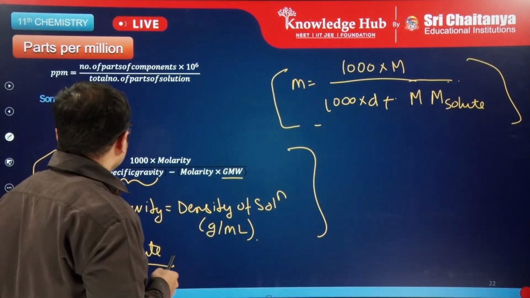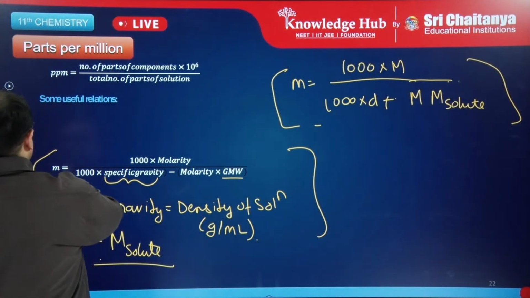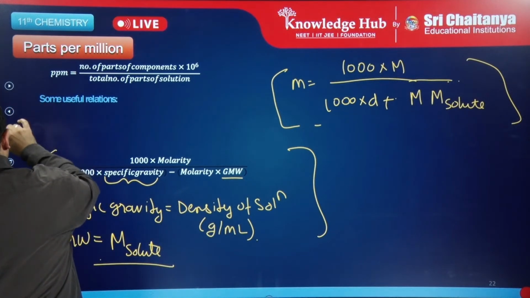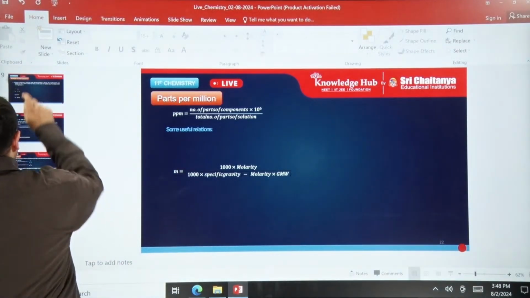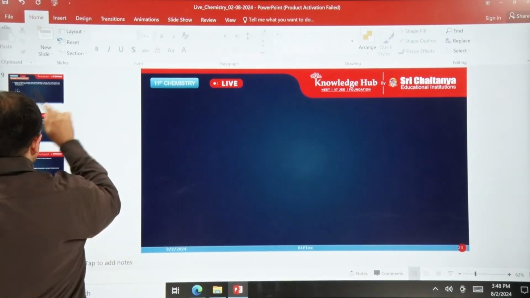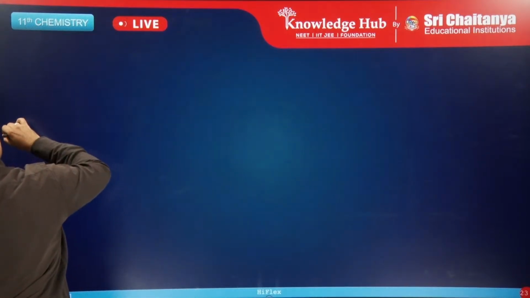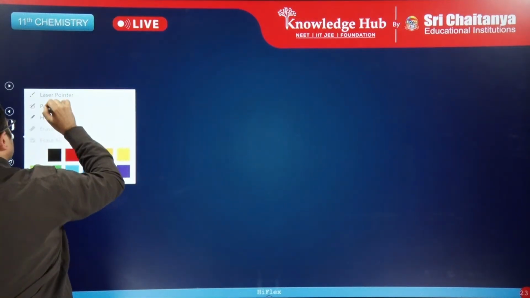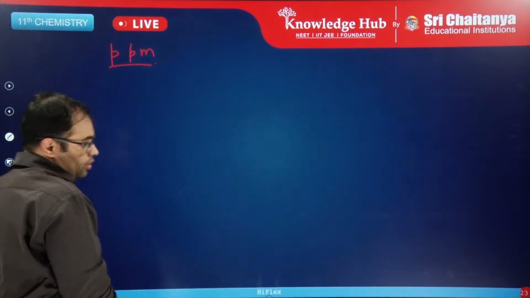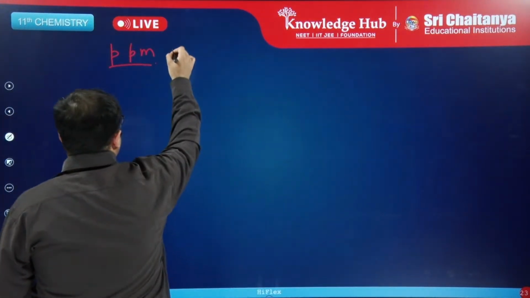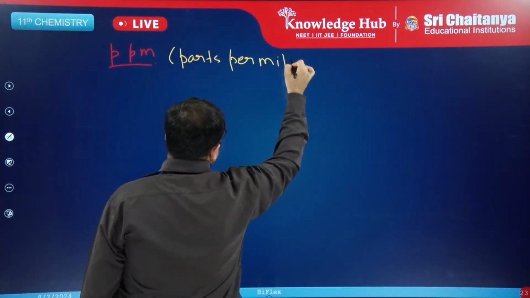Next is parts per million. Let me just remove all this and take a new slide because too much has been written on this. So next is ppm. What is ppm? Parts per million.